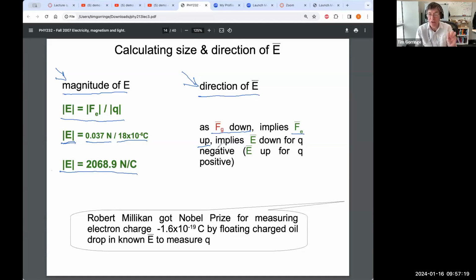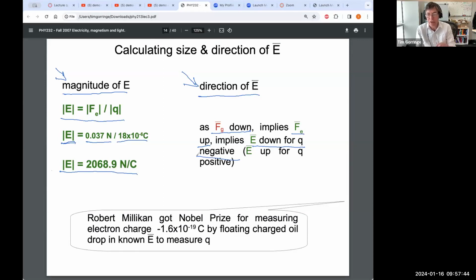If you're dividing the force by a negative number, then you're going to reverse the direction of the field from the force. So for a negative charge, the field is going to be opposite the direction of the force. If it was a positive charge, the field would be in the same direction as the force.